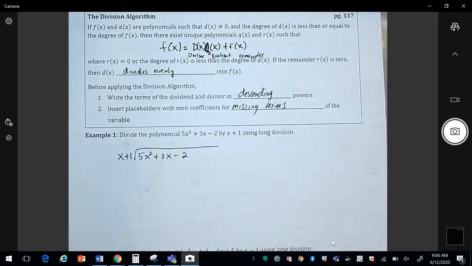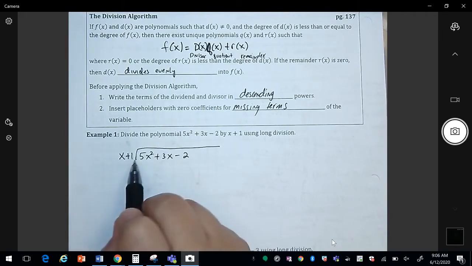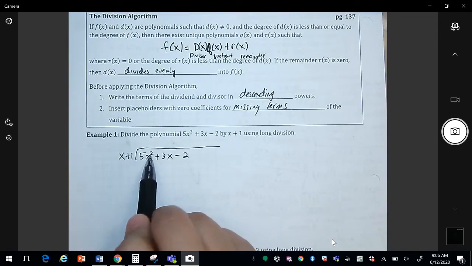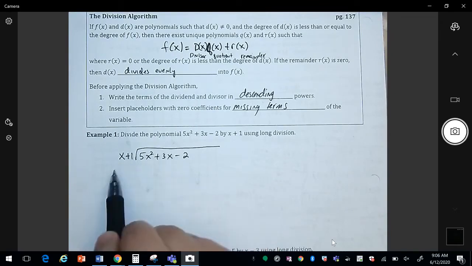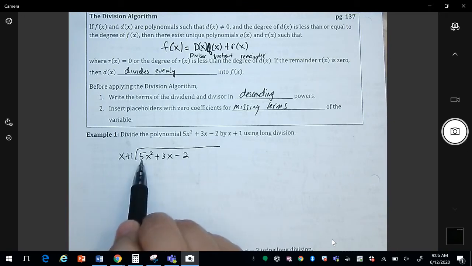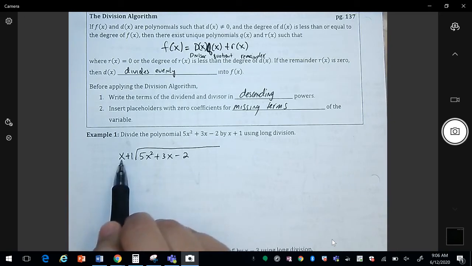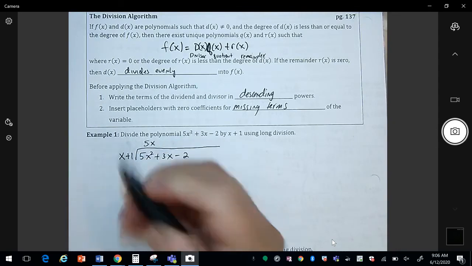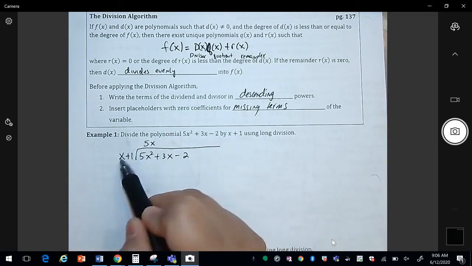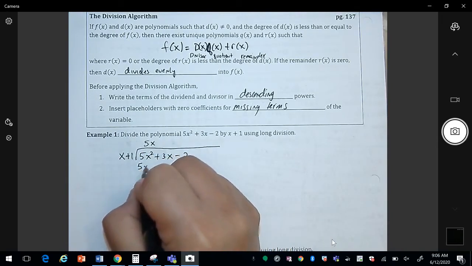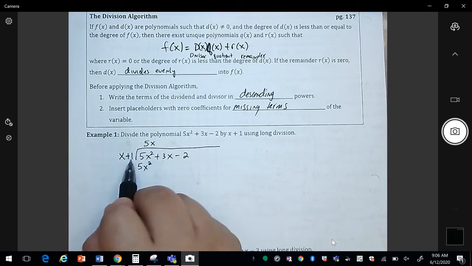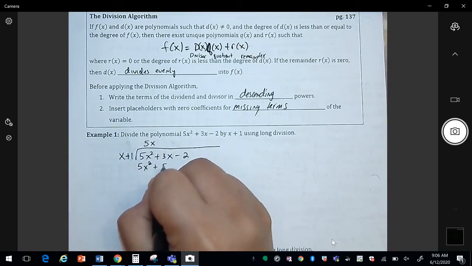When dividing polynomials, we have the same process. Here we have 5x squared. We need to make sure that they're in descending order. So we have a 2 and a 1, which is in descending order. Here, 5x squared divided by x is going to be 5x. In other words, 5x times x is 5x squared, and 5x times 1 is 5x.